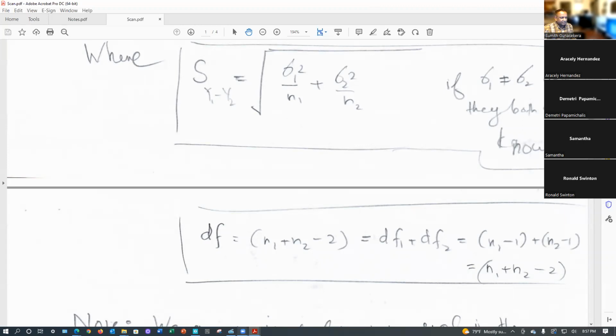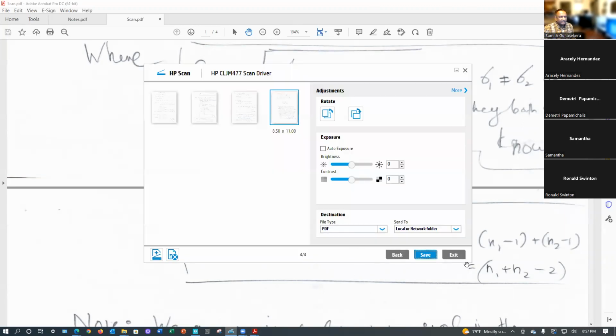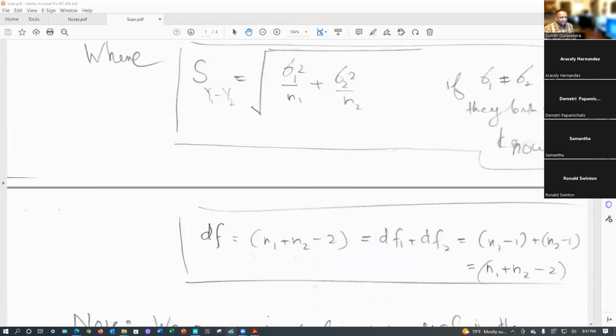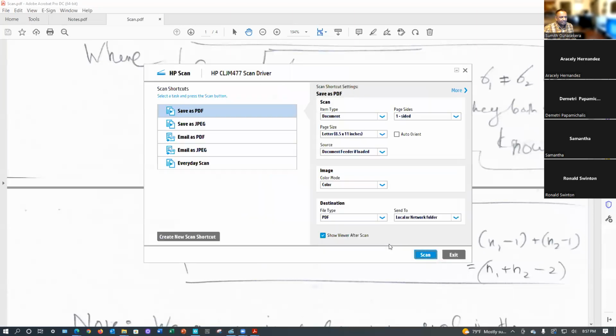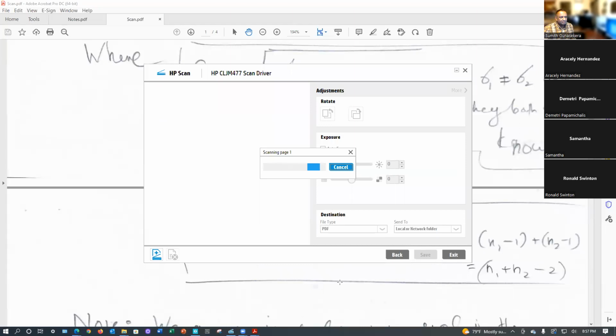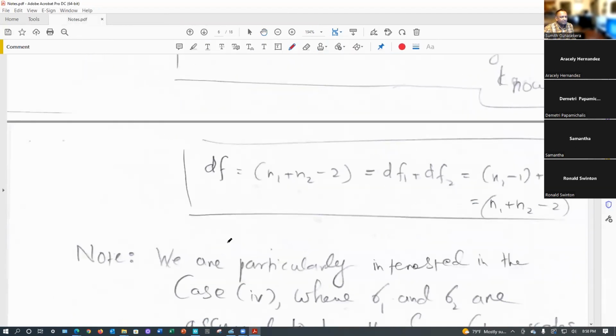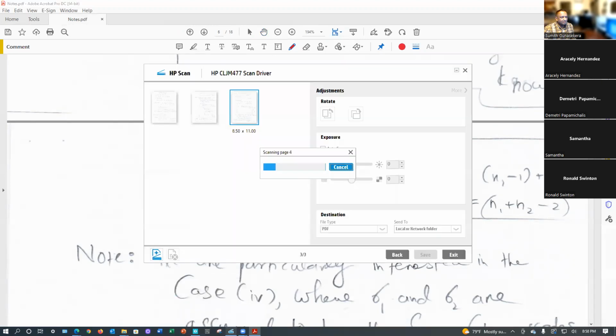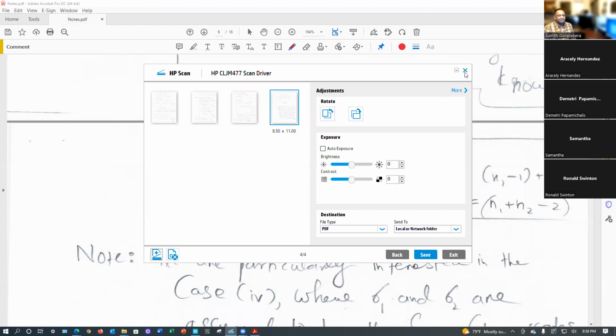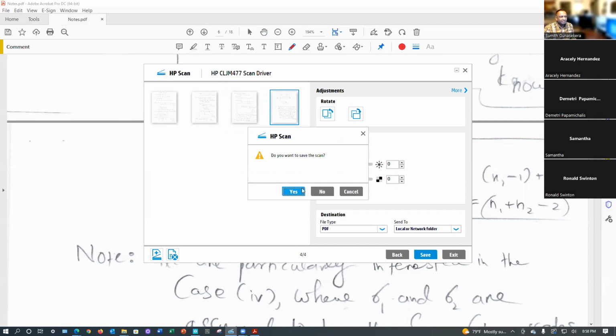No, that's okay. We can talk about that one next time. Give it a try because there are 6 pages. I don't know, for a certain reason, that page doesn't come. Okay, that's okay. There are 6 pages.